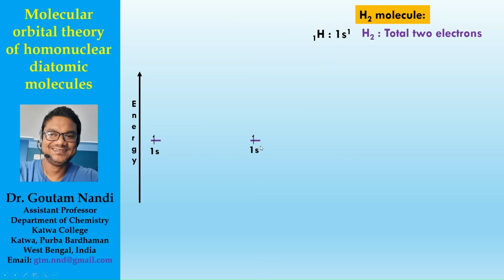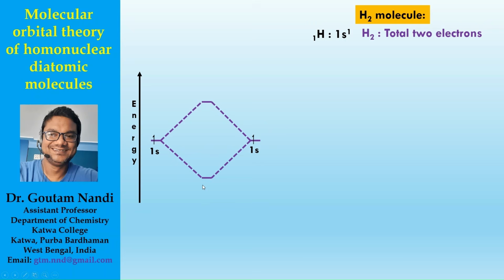Now these two 1s orbitals will interact with each other to give two molecular orbitals. One will be at higher energy and one will be at lower energy. This is the bonding molecular orbital and this is the antibonding molecular orbital. Now we have to connect these atomic orbitals with the molecular orbitals like this.